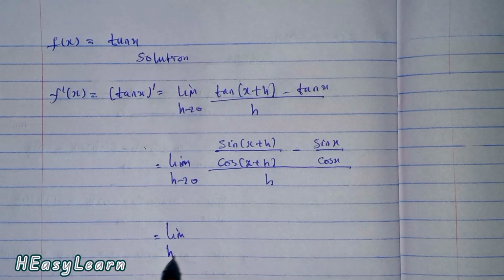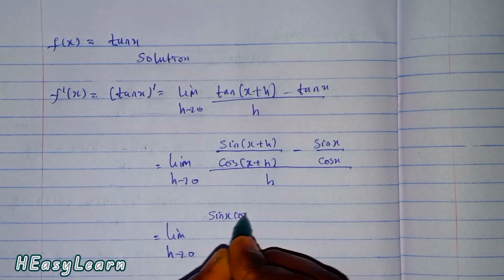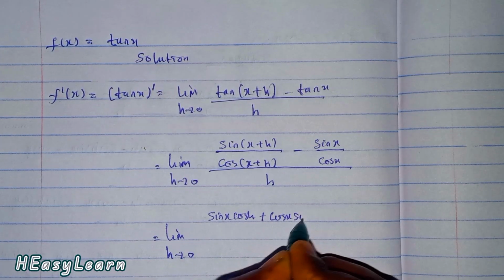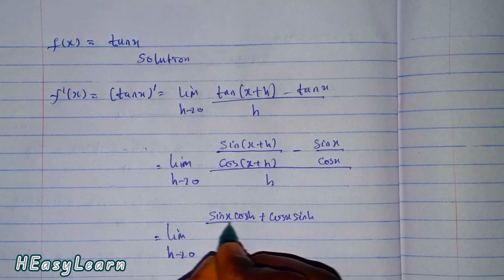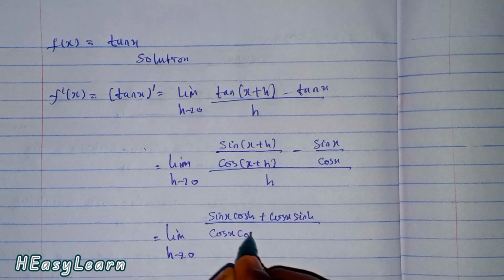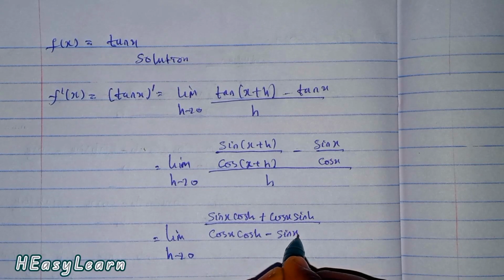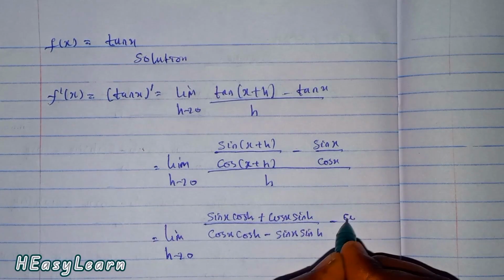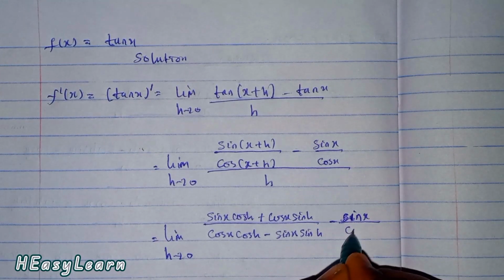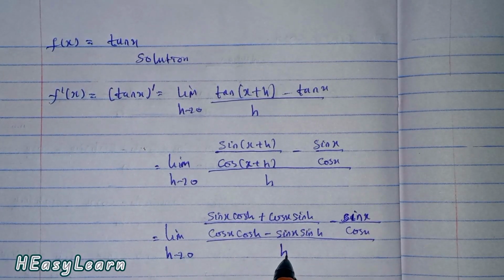Limit h approach 0 of sin x cos h plus cos x sin h over cos x cos h minus sin x sin h, minus sin x over cos x, over h.